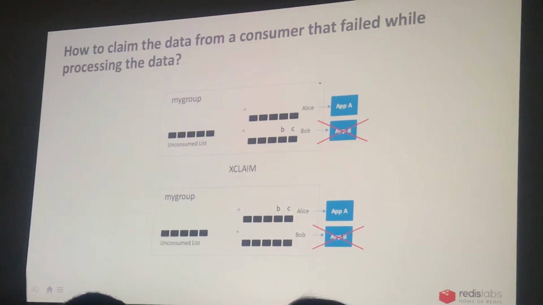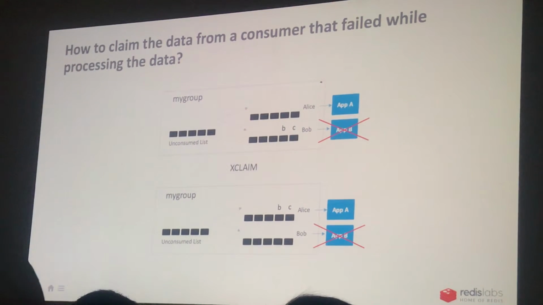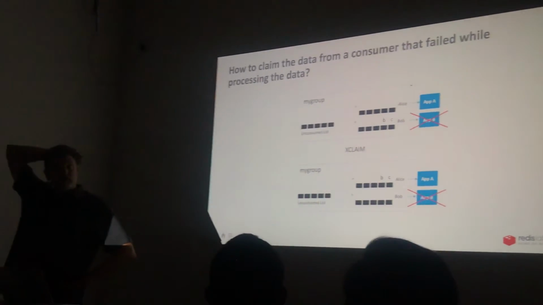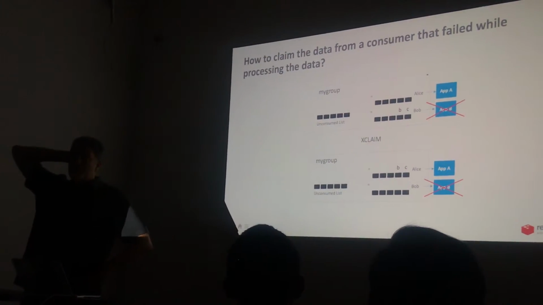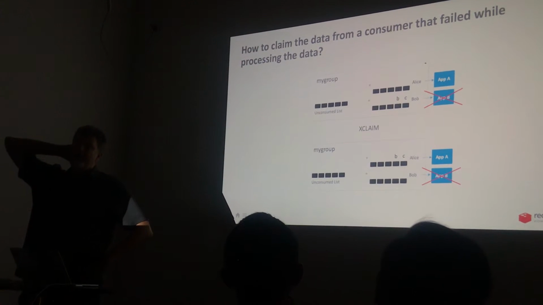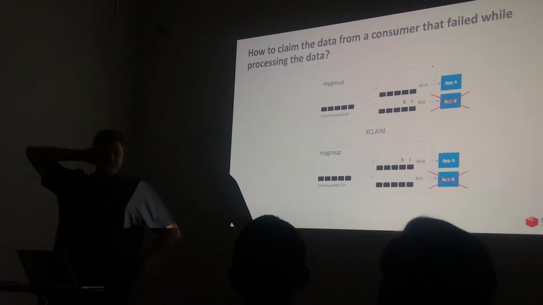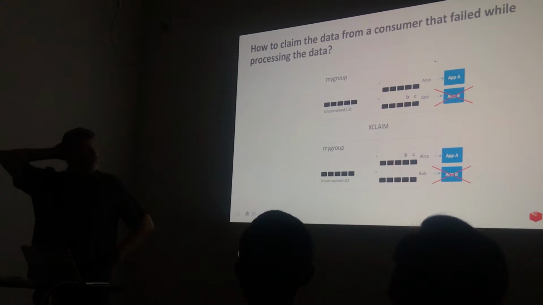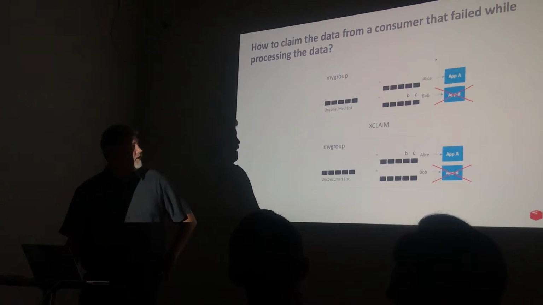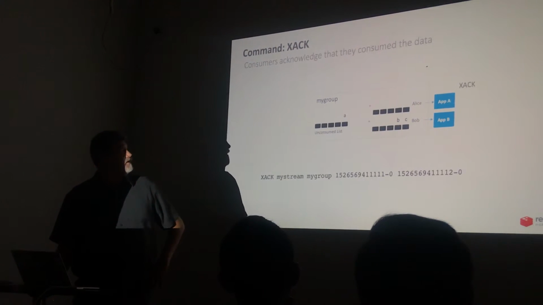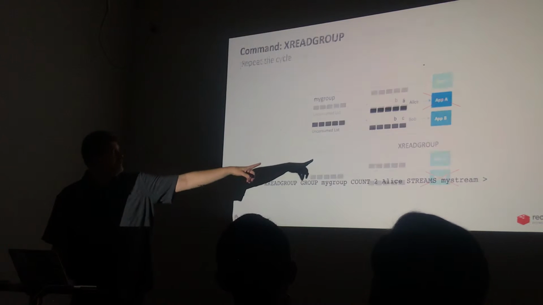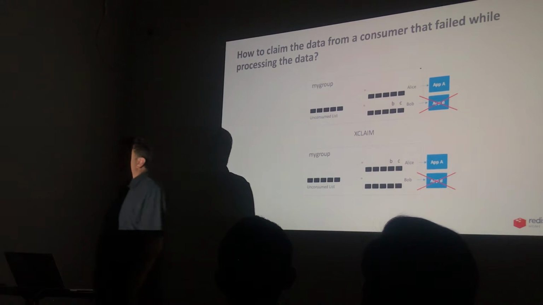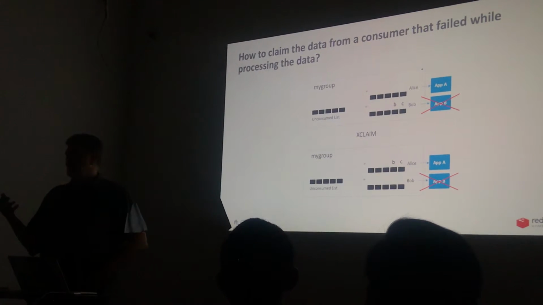Now, what happens if you think that another consumer has crashed? If another consumer has crashed and it has not acknowledged, then what you can do is you can claim unread entries.